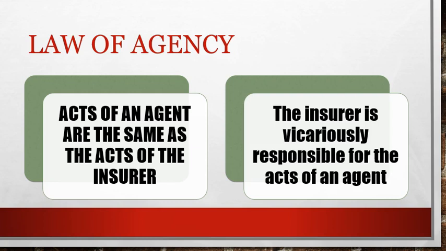So if you worked for a company and the customer sued for some wrongful doing of the agent, since the agent is technically a part of the company and representing the company that they work for, the insurer is vicariously responsible for the acts of the agent. So the customer would end up suing the company or the principal. The acts of an agent are the same as the acts of the insurer, and that is the law of agency.